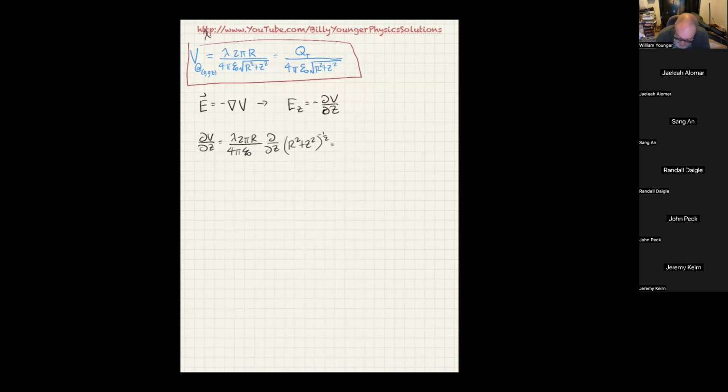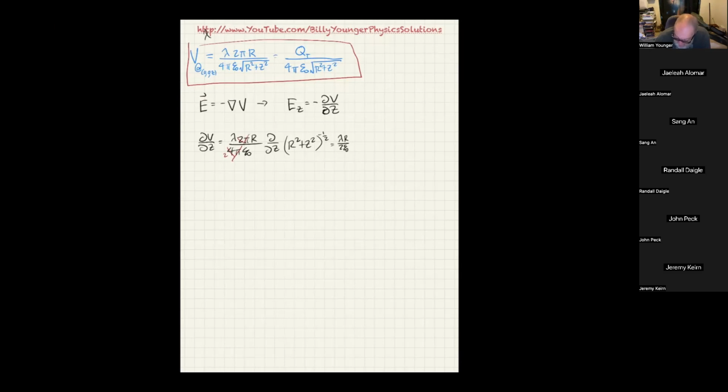At that point, you can also see that this pi and this pi cancel out, and this 4 and this 2 cancel out, leaving a 2 there. So the actual constant out in front is lambda r over 2 epsilon naught.